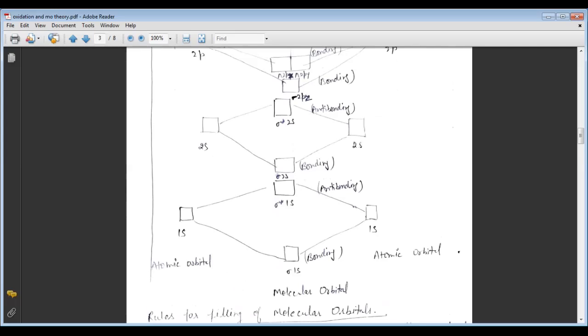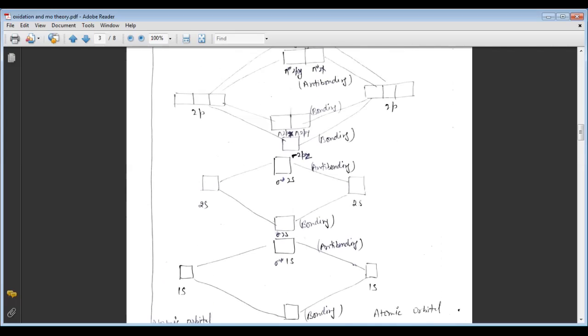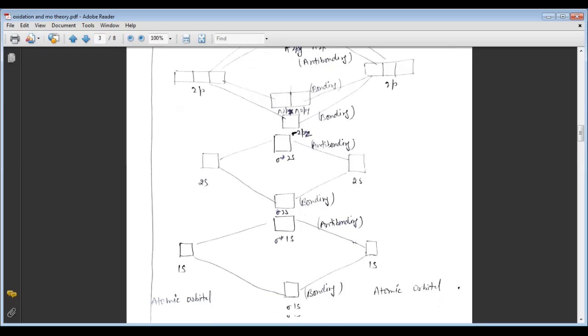Here are the atomic orbitals: suppose 1s, 2s, and then 2p. And here again the atomic orbitals for the second atom: 1s, 2s, and 2p. When we fill the electrons in these orbitals, one thing is important: when two atomic orbitals are combined together, they form two molecular orbitals.